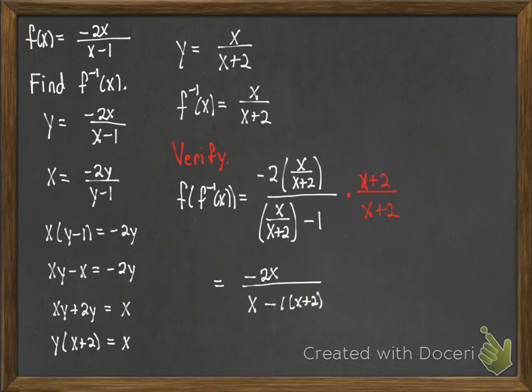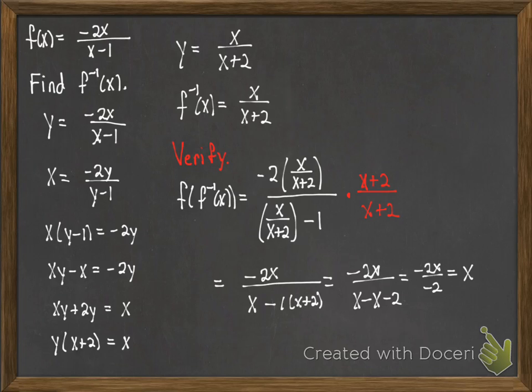Okay, and then we just continue simplifying. So on the top, we're just left with negative 2x, in the bottom we'll have x minus 2, which gives us negative 2x over negative 2, and it gives us exactly what we were hoping to get, which is just x.